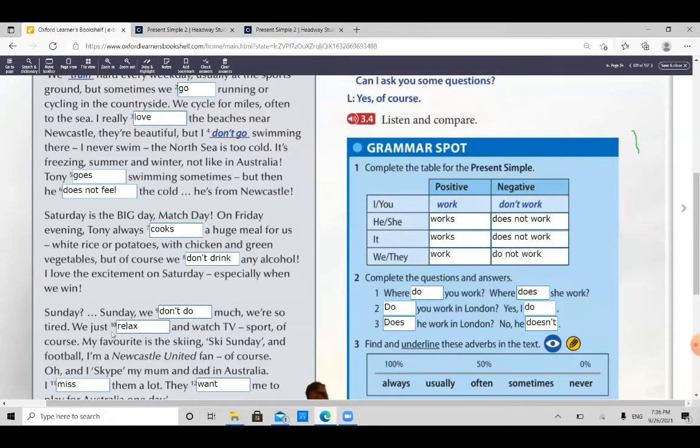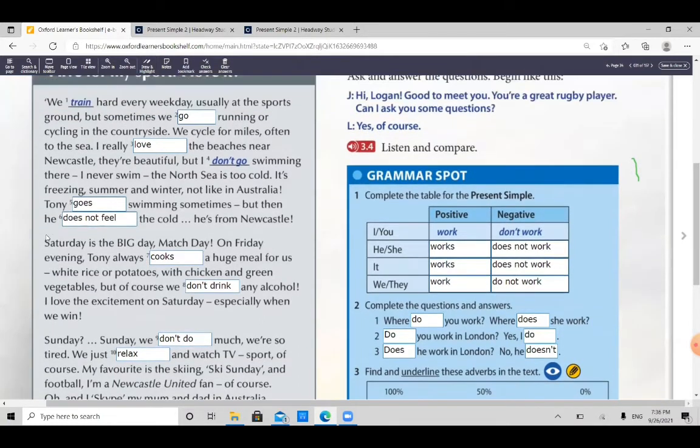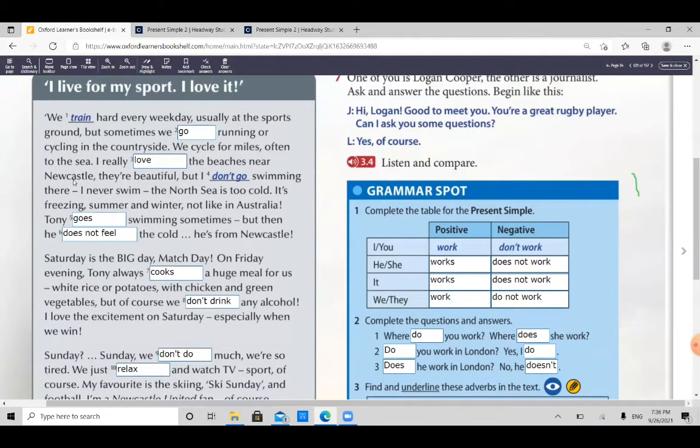So let's move to Asia. Yes, teacher. I always practice bicycle. Where is the sentence?